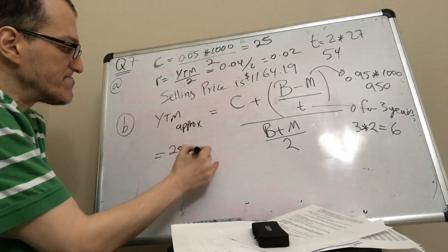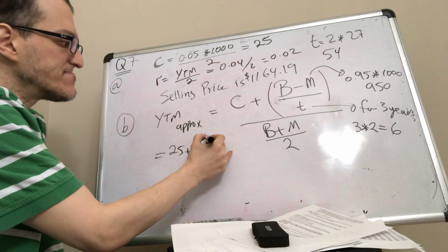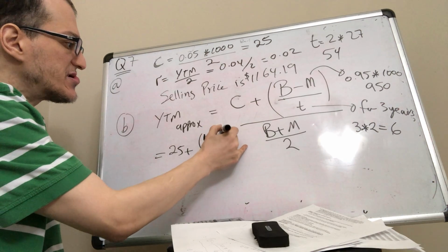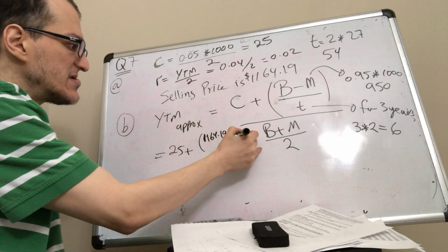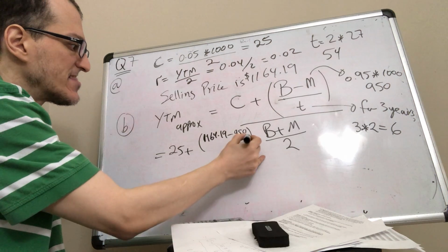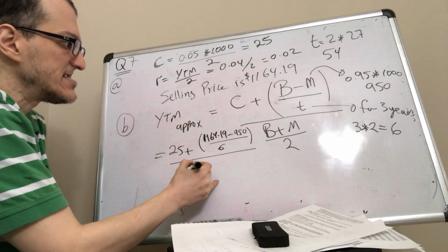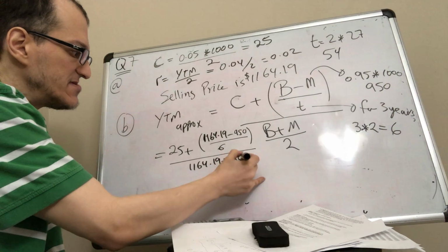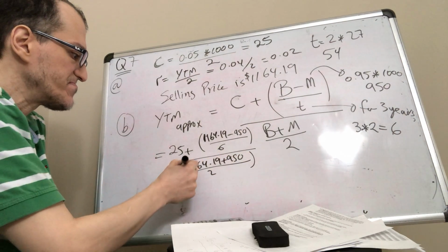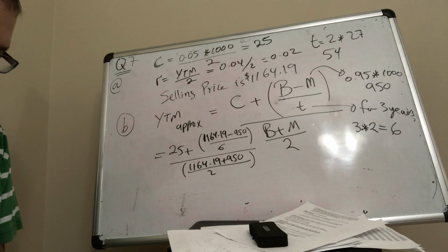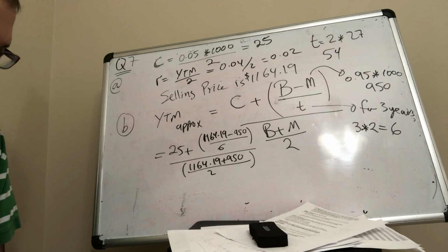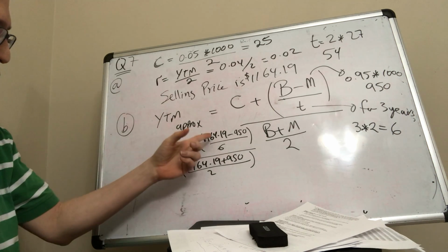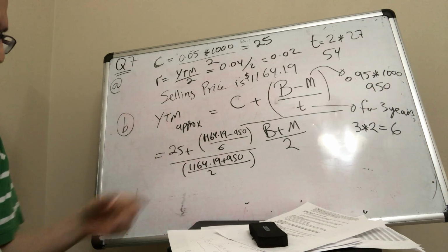25, price is 1164.19 minus 950 over 6, and this is 1164.19 plus 950 over 2. I'll do this, you can do it in multiple steps, do the top first, then the bottom, then divide them.